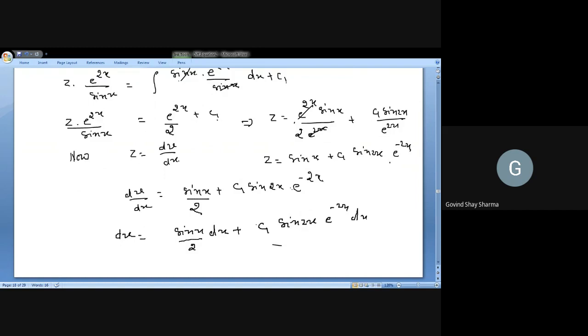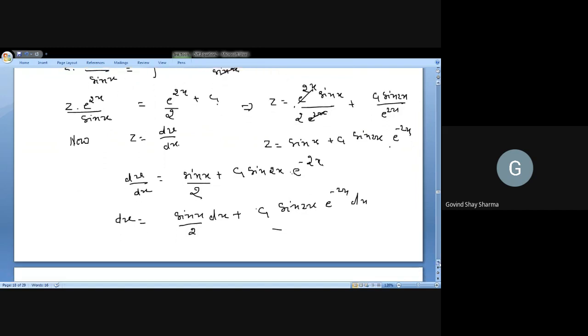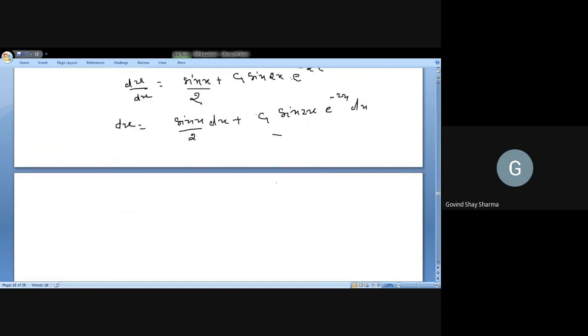Now integrate. So v is equal to integral of sin x dx plus c1 integral of sin x e to power minus 2x dx plus c2.